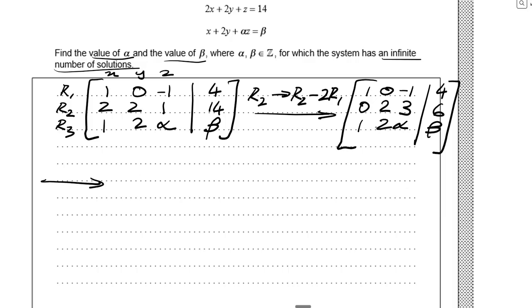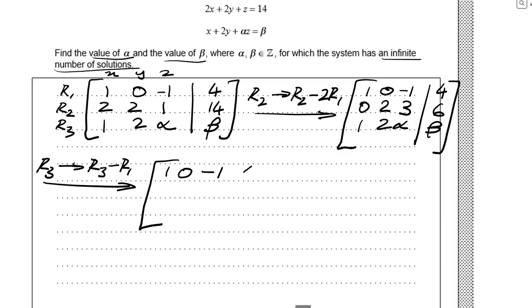Right, and now we want to bring this to 0 and this to 0. So we can use row 1, so row 3 becomes row 3 minus row 1, and that gives us 1, 0, -1, 4, 0, 2, 3, 6.